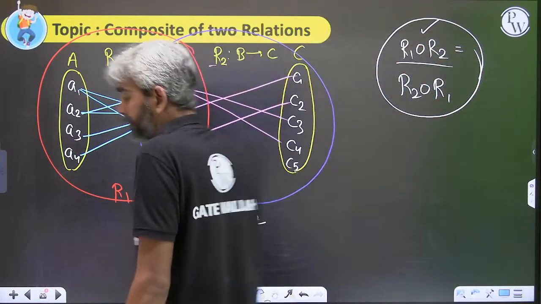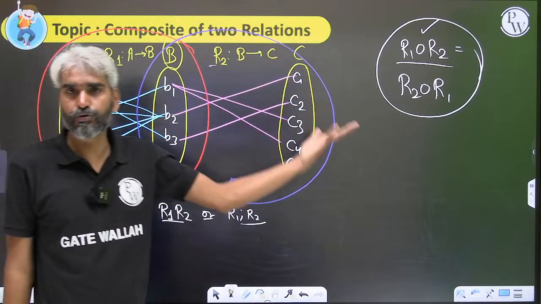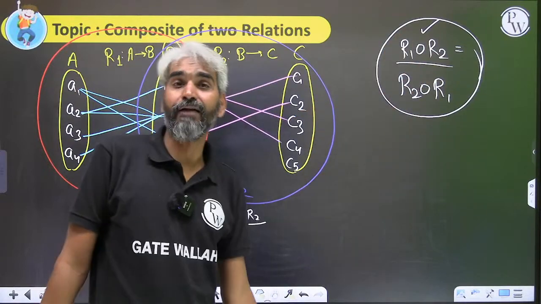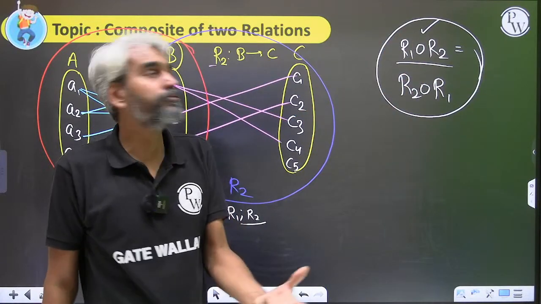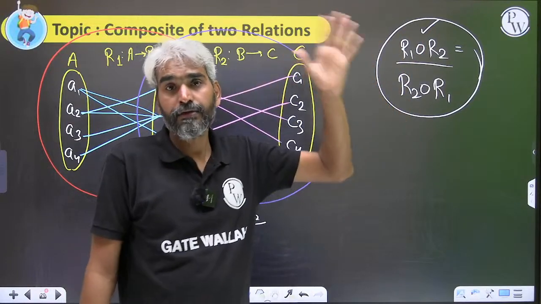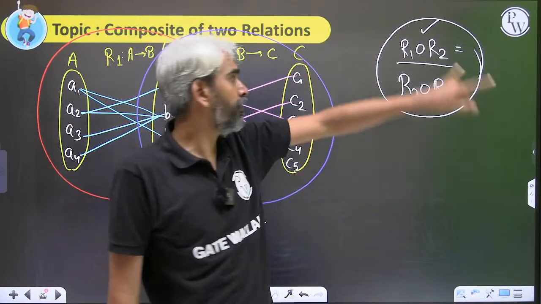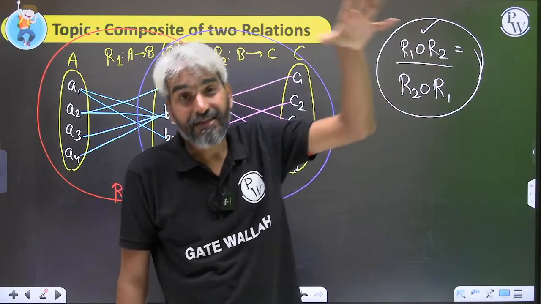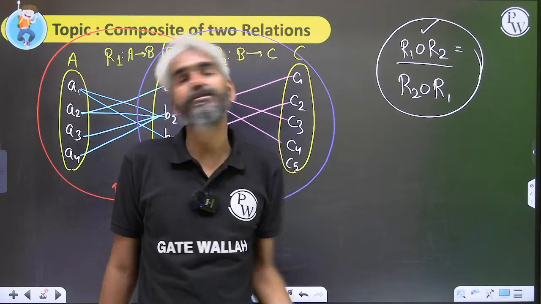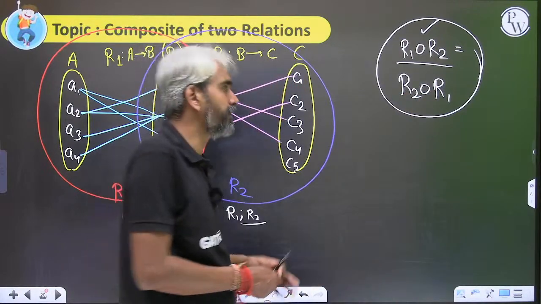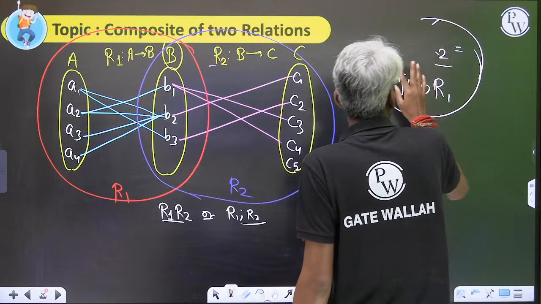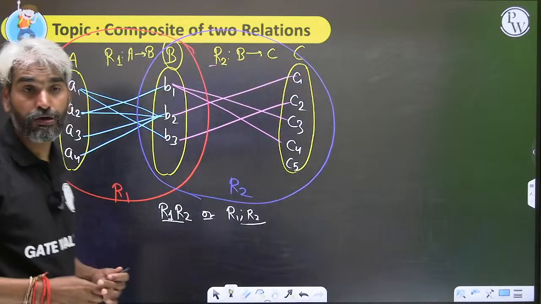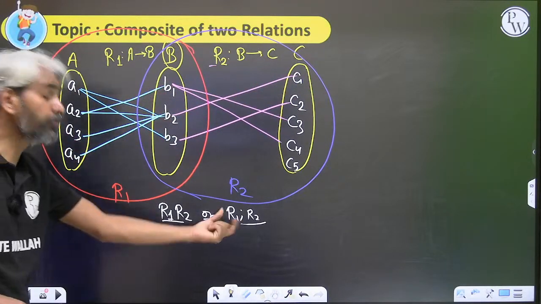Therefore, I don't think that GATE will ask a question on the composite of two relations by defining it as R1 of R2 or R2 of R1, because they themselves know that there are two different definitions. So a more unambiguous notation is used to represent the composite of two relations R1 and R2, and that is R1R2.